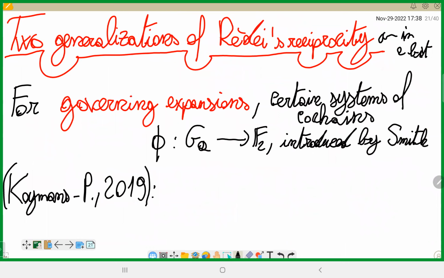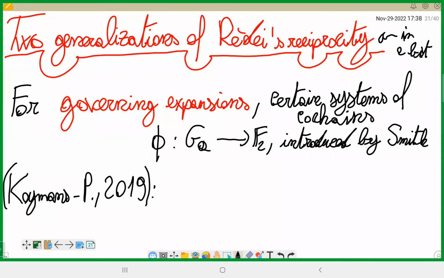The main thing which I will explain are two generalizations that we discovered of a very classical reciprocity law of Laszlo Rédei from the beginning of the past century. I will explain much more about Rédei's reciprocity and how we generalized it.